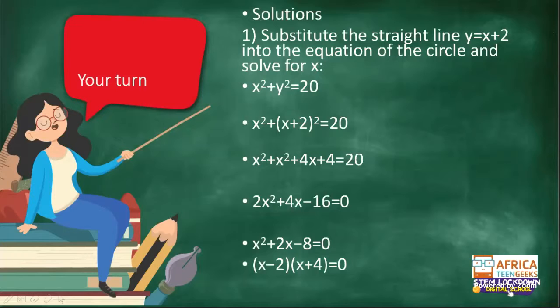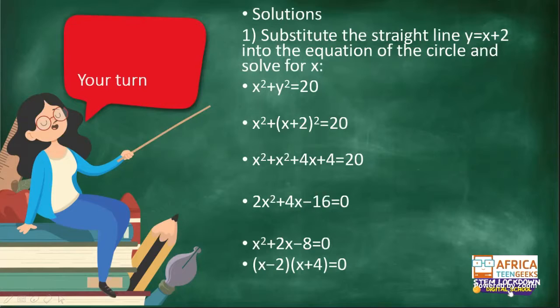So you must be able to remember it. What you have to do here is factorization. Everything here is a multiple of 2, so the first thing you do is divide by 2, and you get x squared plus 2x minus 8, and then you factorize. By factorizing, you have (x minus 2) times (x plus 4).